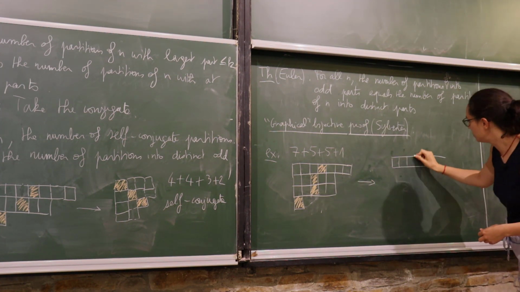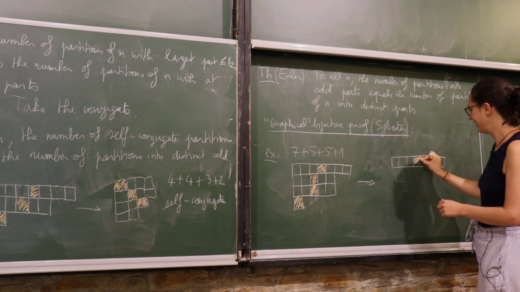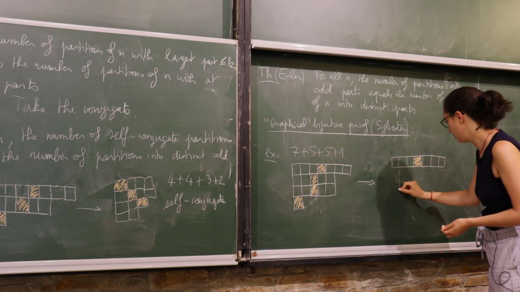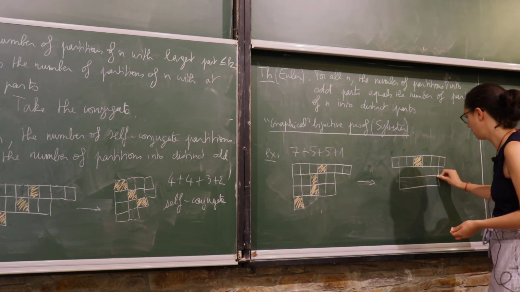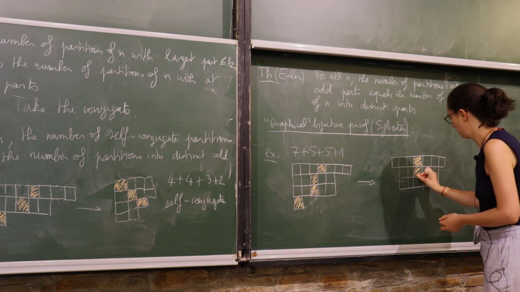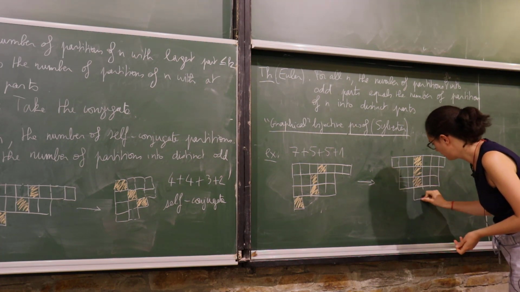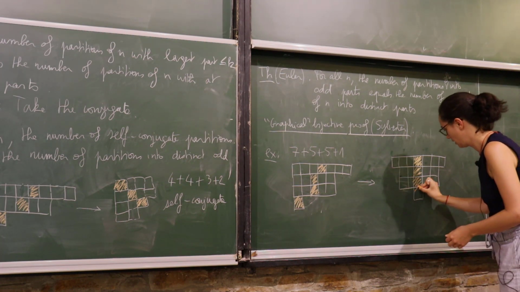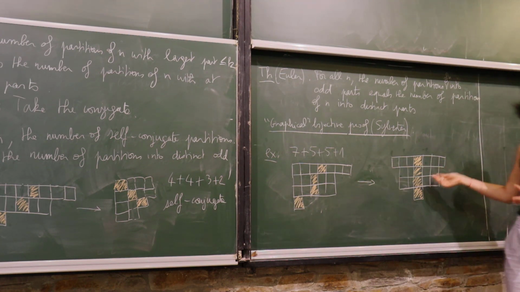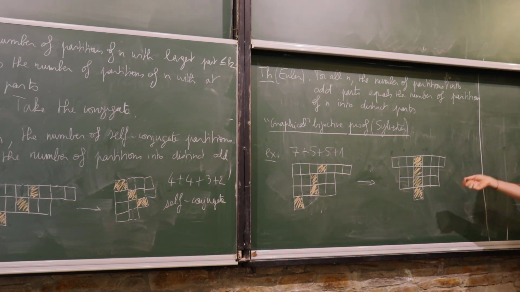So 1, 2, 3, 4, 5, 6, 7. So this is the red. And then we'll have 2 like that. And we have still a 1. So you write them like that. So far we haven't changed anything. We have just shifted everything a little bit to the right.